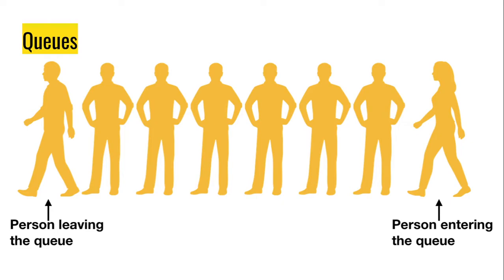So that means he will be the first one to leave. We have another person in the middle. Let's just think that these are the elements of our queue. And when a new person enters the queue, the person will be added to the back of the queue.